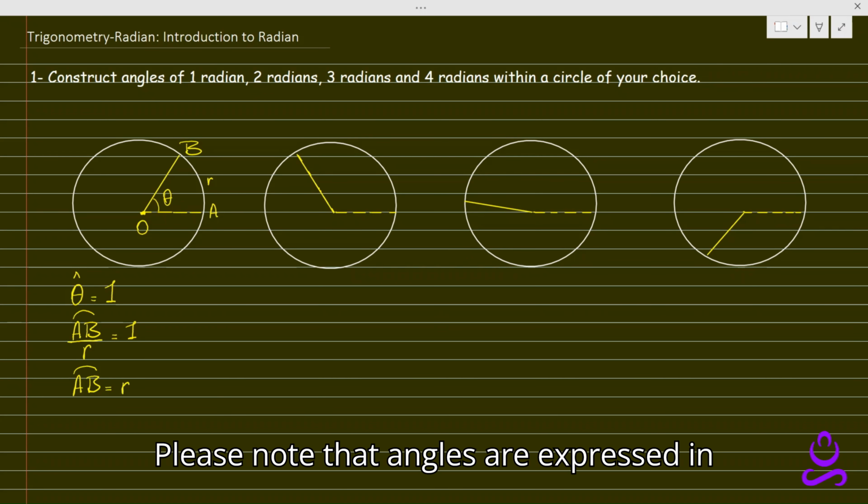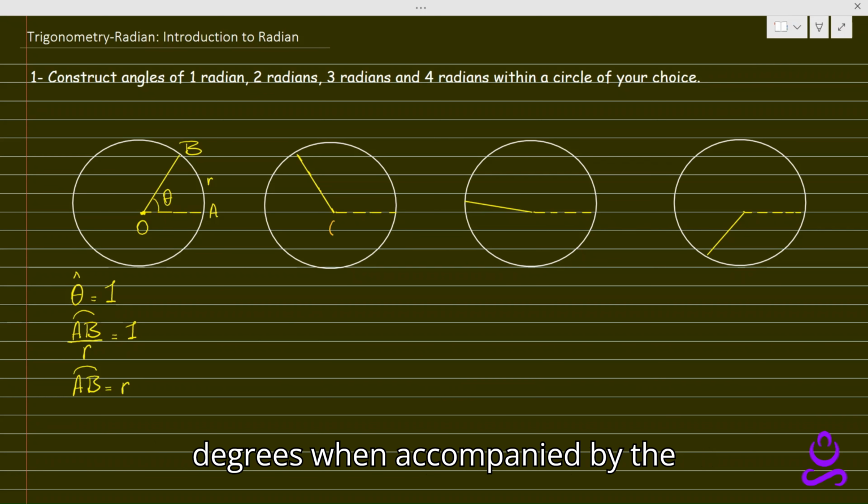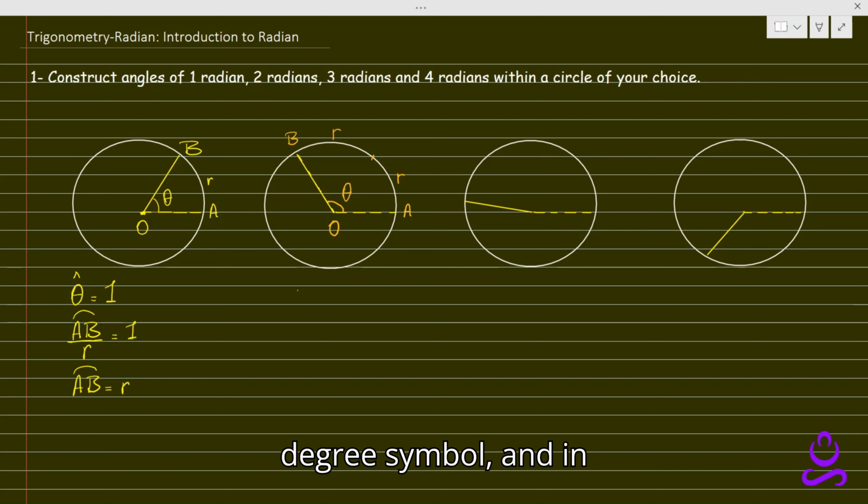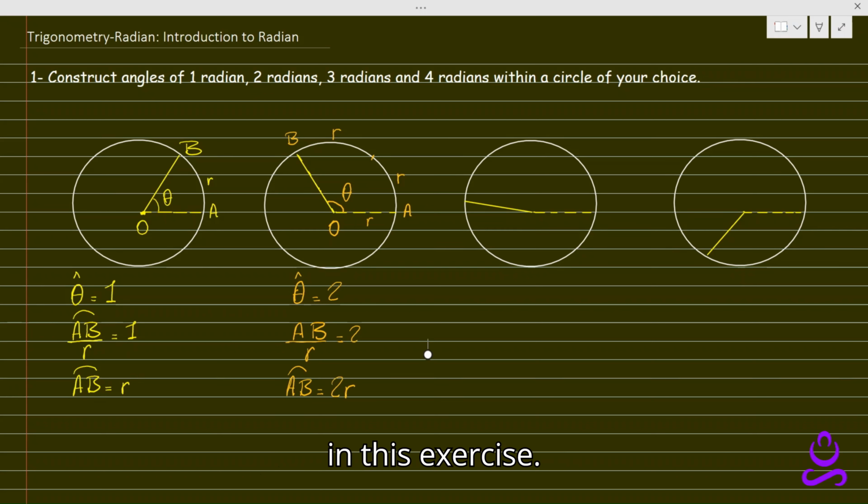Please note that angles are expressed in degrees when accompanied by the degree symbol, and in radians when no symbol is present, as demonstrated in this exercise.